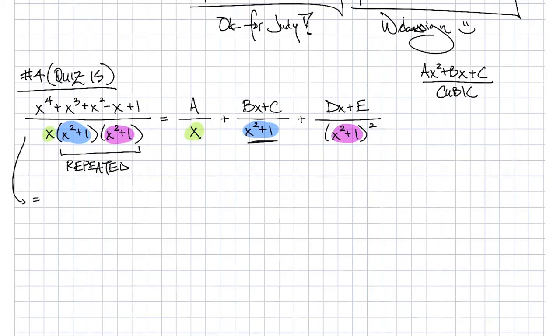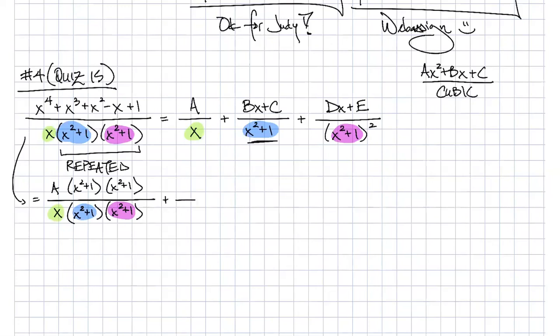To make the first fraction, it already has the green one. So what do I need? I need the blue factor and the purple factor. And if I have that on the bottom, I also need that on the top. So blue and purple. Okay, so that first fraction matches the other side.